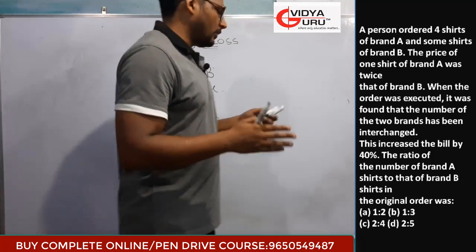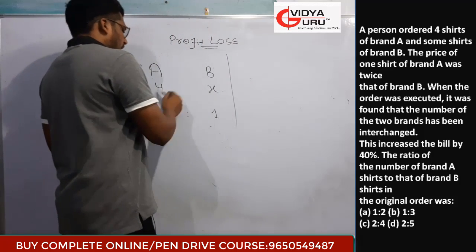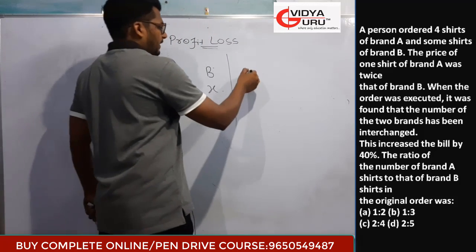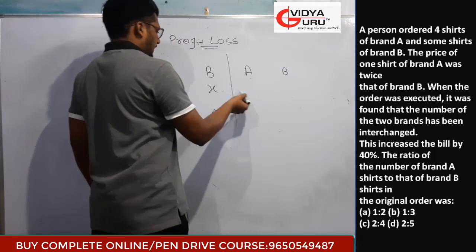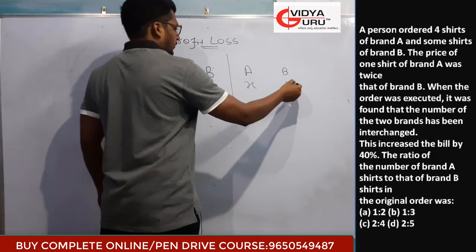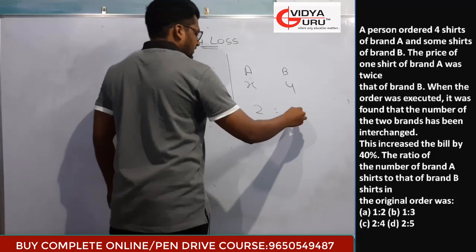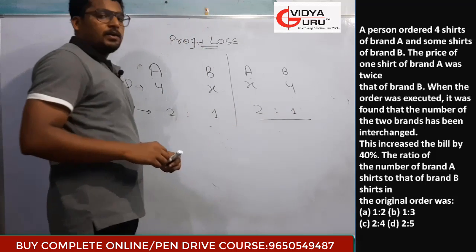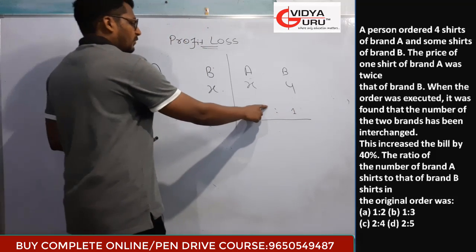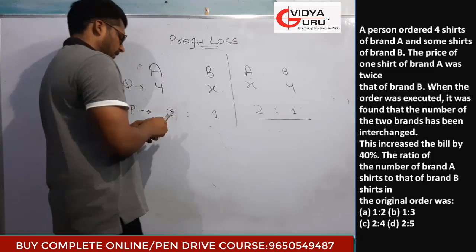But while ordering, the quantities of these two were changed. That means A became X and B became 4. But the price will remain the same, and the bill increased by 40%. Here the bill was 40% more than there.